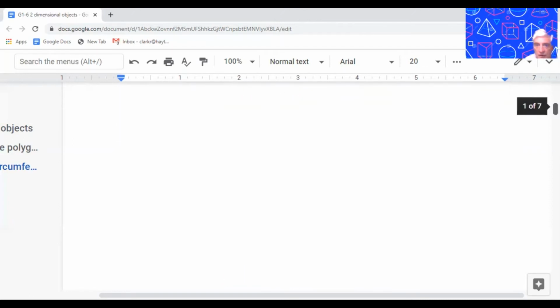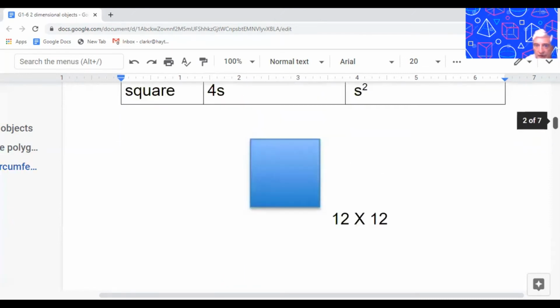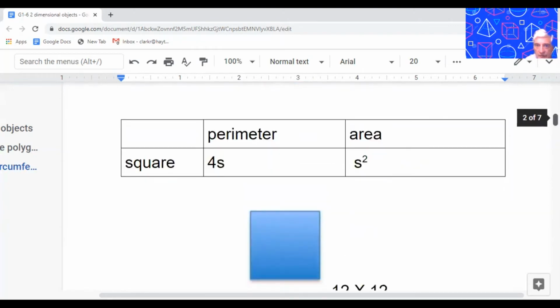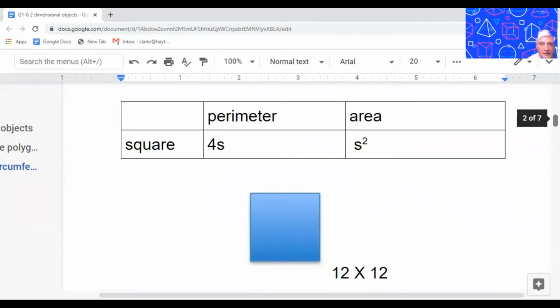Now, one special rectangle looks a lot like a square. I've got the perimeter here as 4S, but it could just as well be 2L plus 2W, because a square is a rectangle. And the area could be length times width.